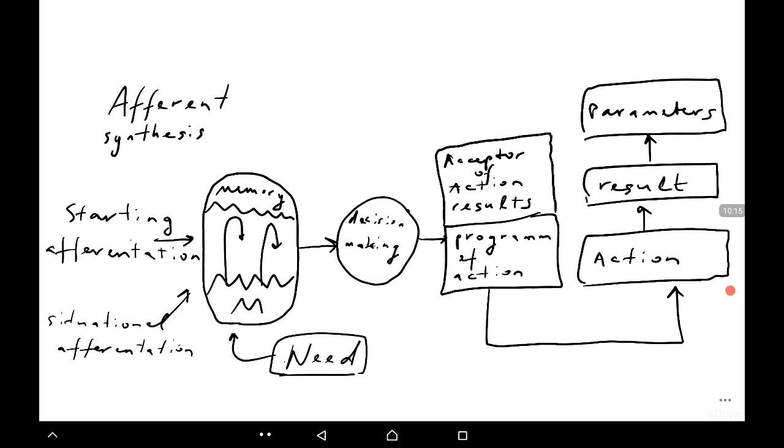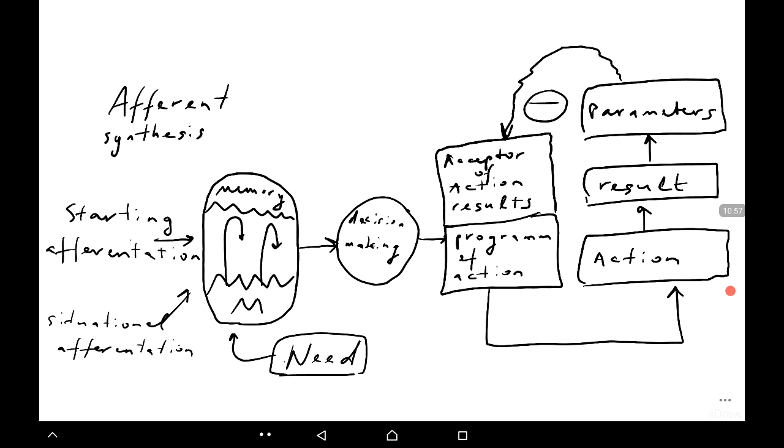And so, if the parameters of an action do not satisfy the basic need, and there is a disagreement, mismatch with the predicted result, then there is signal from acceptor of action results, and negative emotion is produced.